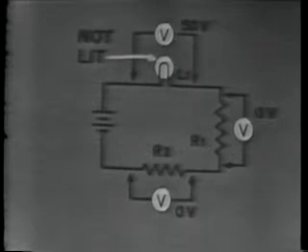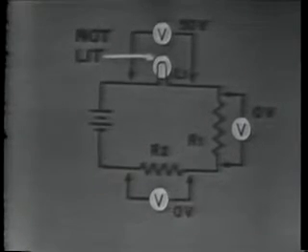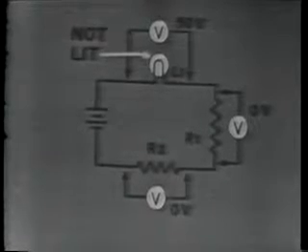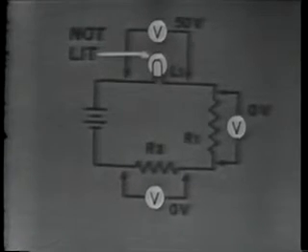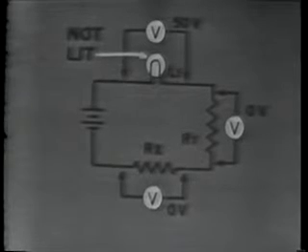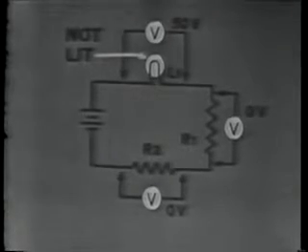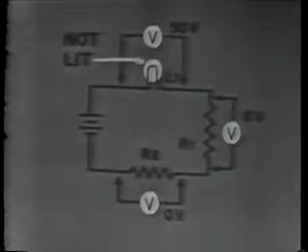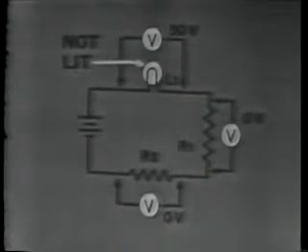So this means that R1 and R2 are not shorted. Since we have 50 volts across the lamp, this also means that R1 and R2 are not open. Had they been open, there would be no voltage across the lamp.